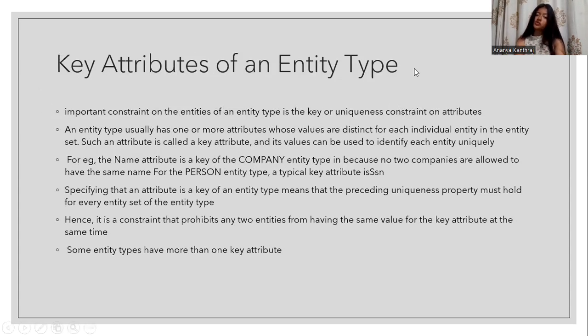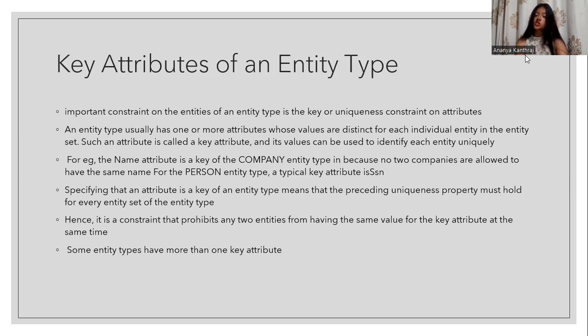So what are key attributes of an entity type? The important constraint on entities of an entity type is the key or the uniqueness constraint on attributes. An entity type usually has one or more attributes whose values are distinct for each individual entity in the entity set.